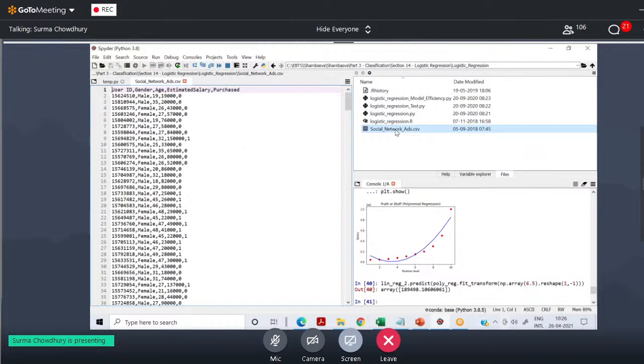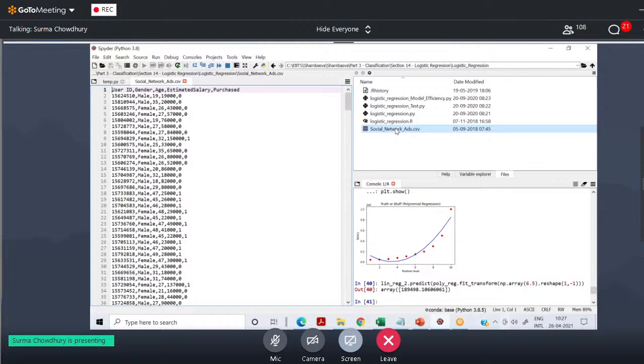Now this data set has a user ID, a gender, an age, an estimated salary, and purchased. 0 means you don't purchase a car, and 1 is purchasing a car, right? So this is another example of classification data where your purchase is yes or no, or 0 or 1.